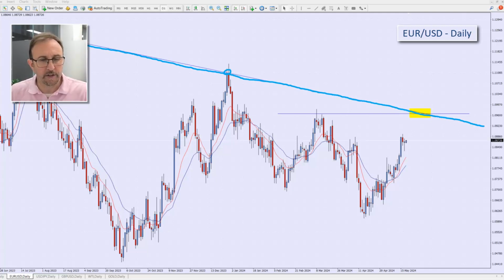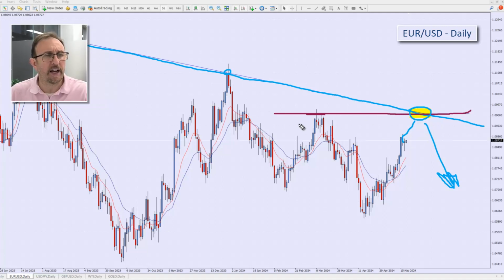But what I've also done, and I'll draw it in a different color so that we don't get confused, this really is not a line, but it's a level, where the market has recently come up to.